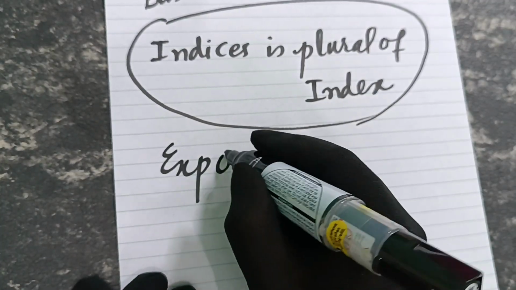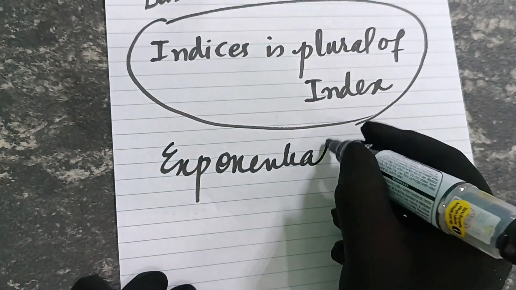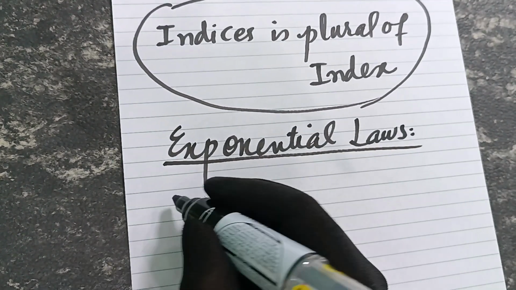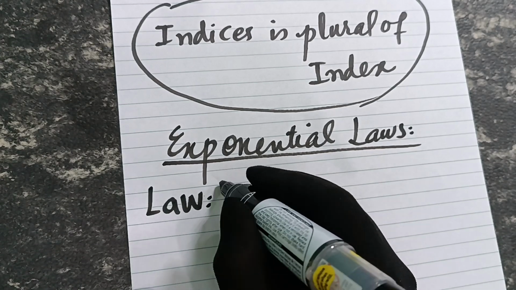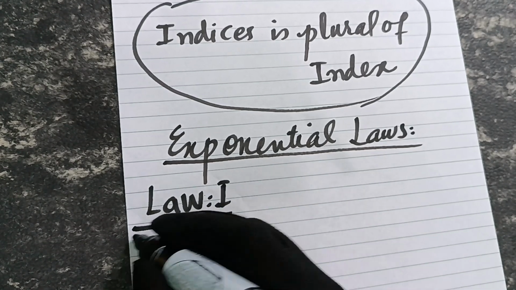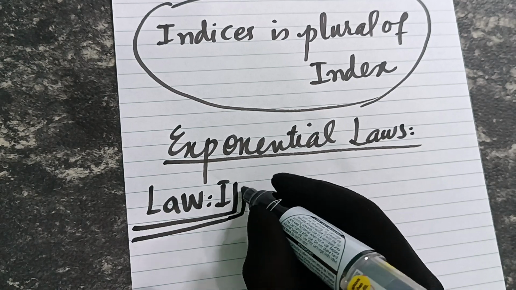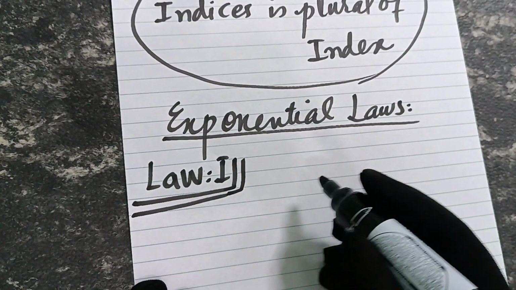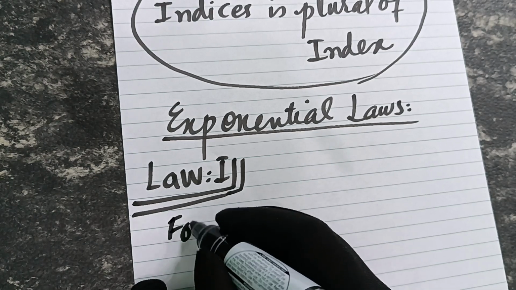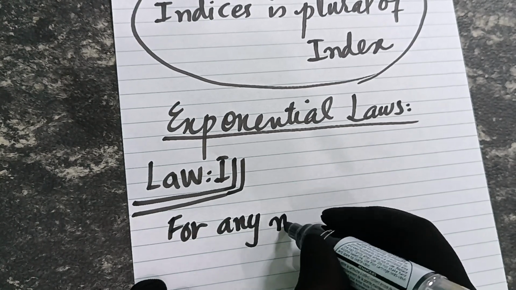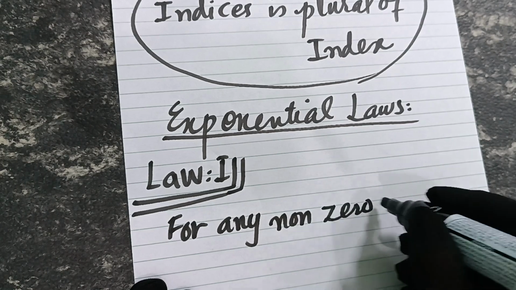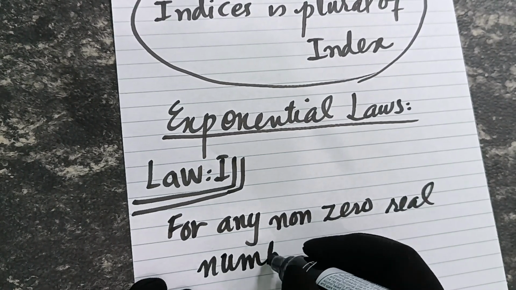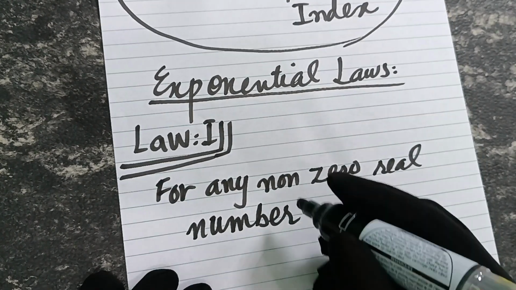Exponential laws. Law number 1 is for any non-zero real number a, the number should be real and existing.